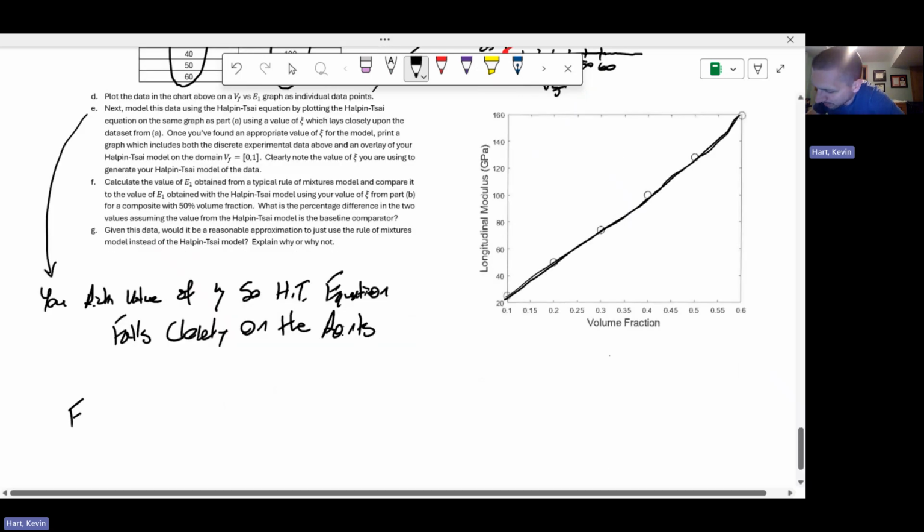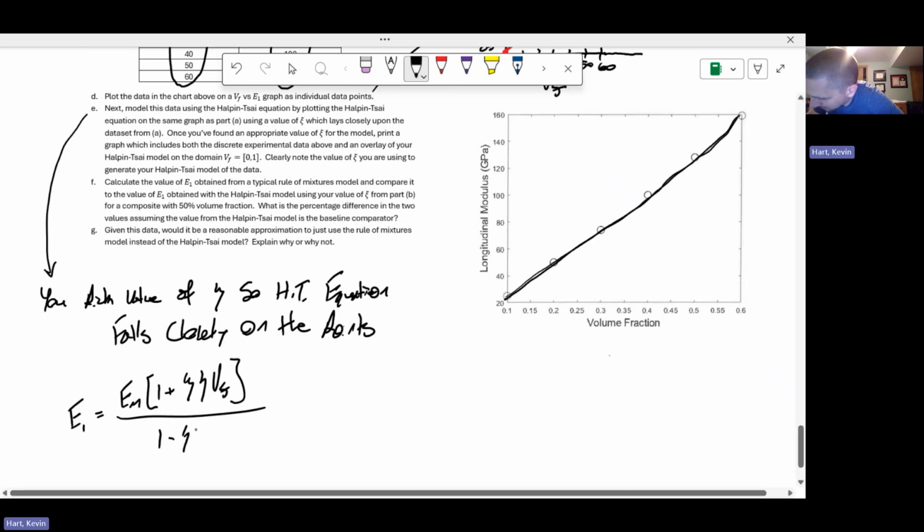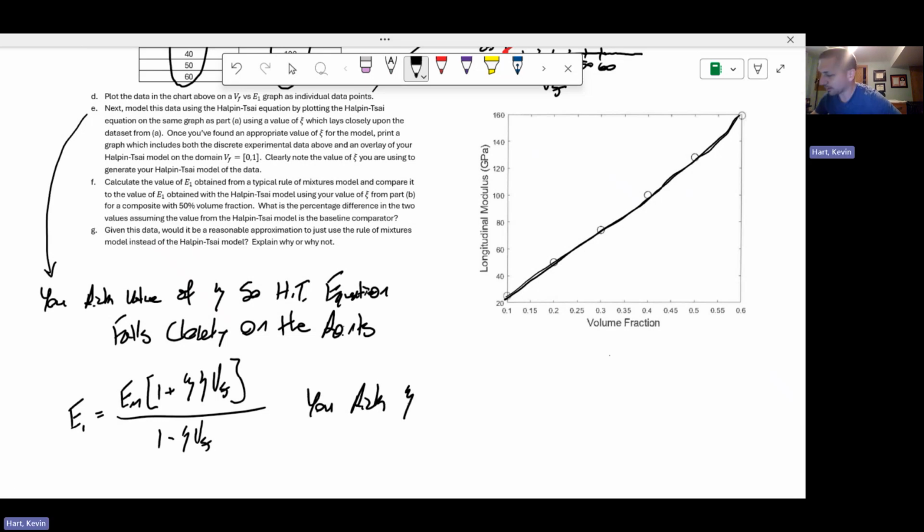The equation that you're going to model here is E_M times 1 plus xi eta V_F over 1 minus eta V_F, and you choose the value of xi. E_M is known, it's given to you. V_F is your variable, so it's what you're plotting. Then you pick xi, and you can calculate eta using xi.